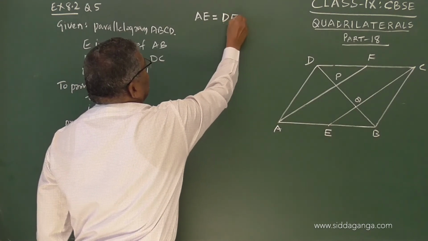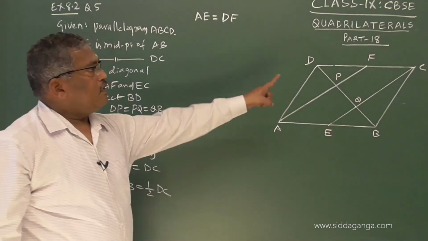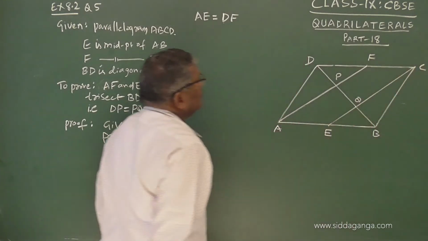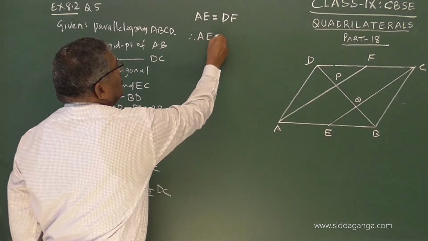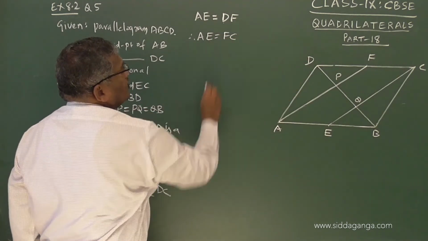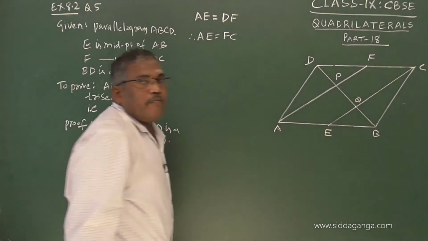We know that DF is equal to FC because they are halves of a line DC. So therefore, AE equals, instead of DF I will take FC. So now observe here, AE is equal to FC.